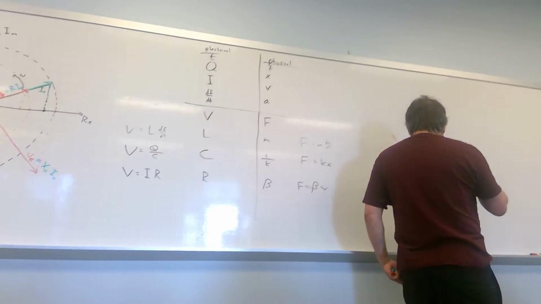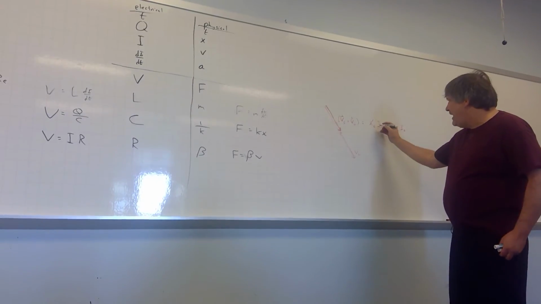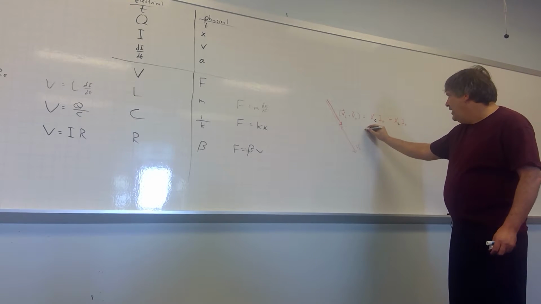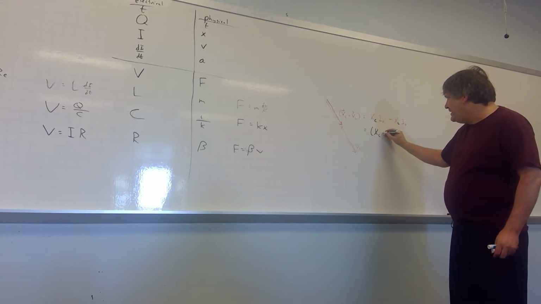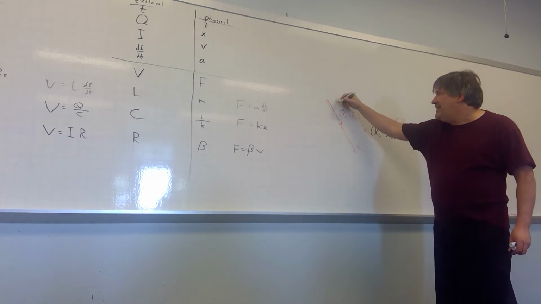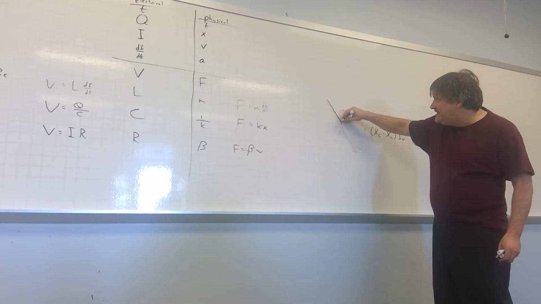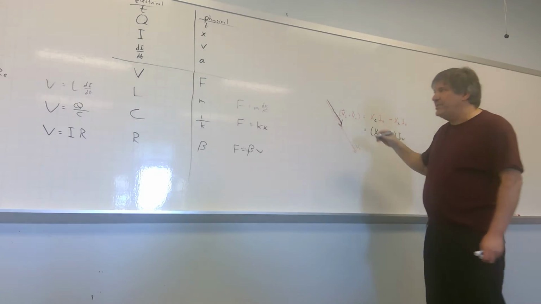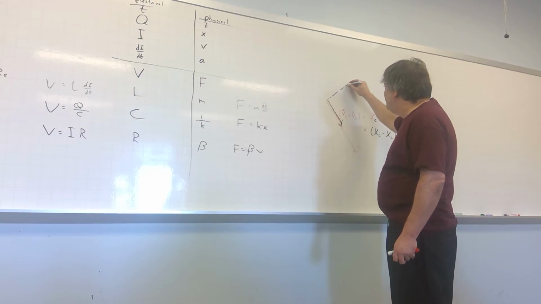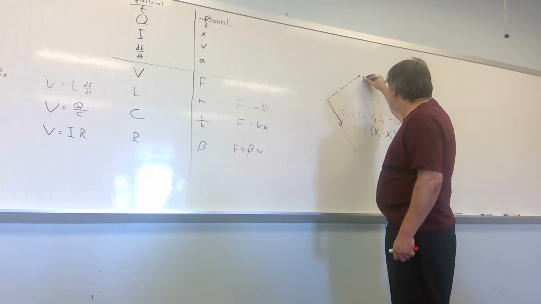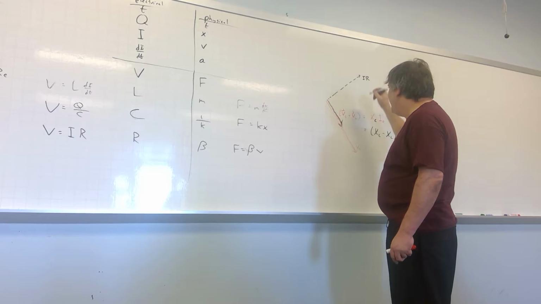Which I guess means, well, yeah, I did put it this way, X capacitor minus X inductor. Or I can say that means I take the difference between those two impedances times I naught. That's what I get when I sum up those two vectors. Then what do I add it to? I add it to the phasor for the resistor, which was just IR.